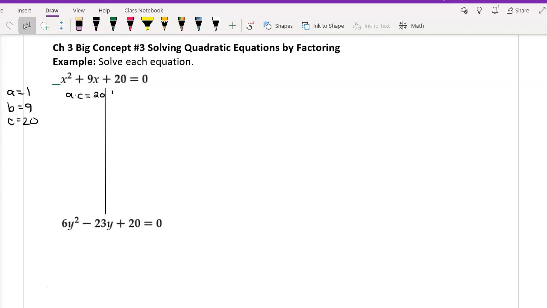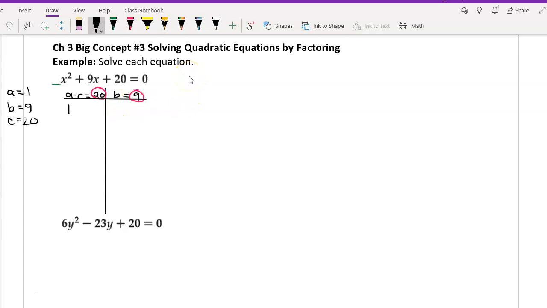And then B equals 9. So we're going to look at factors of 20 that when added get us 9. So I have this nice little chart to help us.